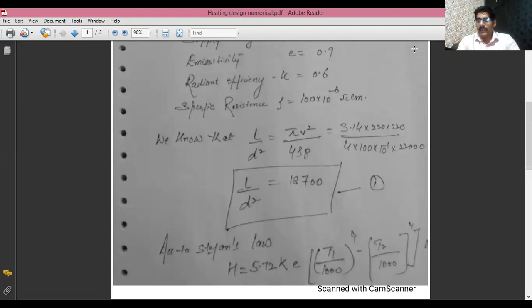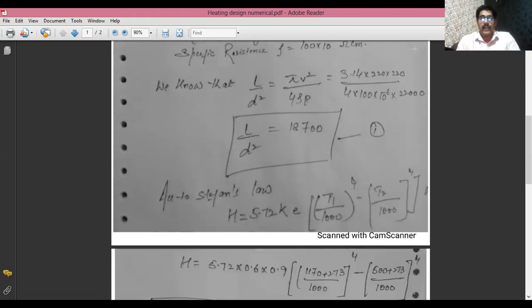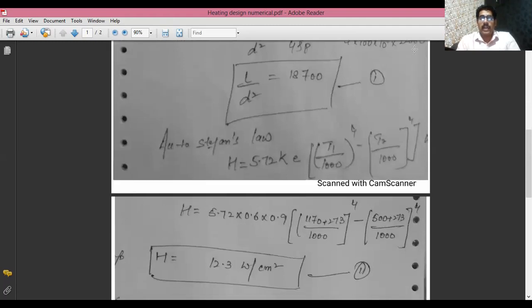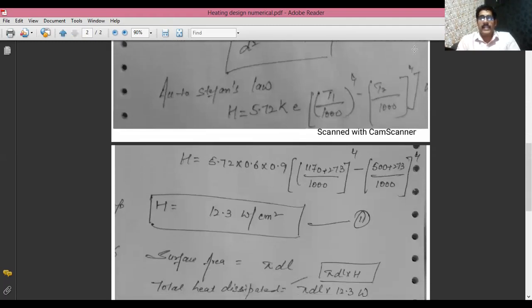Now, what will be your next procedure? Next, according to Stefan's law, H is equal to 5.7 K e into (T1 upon 1000) to the power 4 minus (T2 upon 1000) to the power 4, as I also discussed at the start of the derivation. Now I can substitute the values. Here we have 5.72 into 0.6, into 0.9.